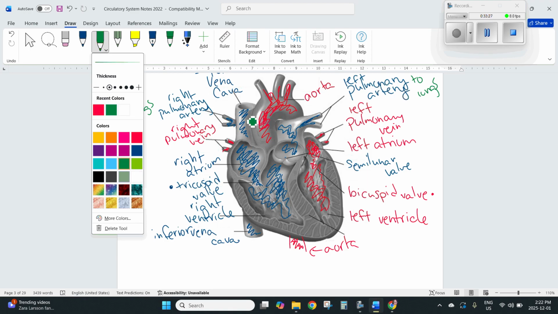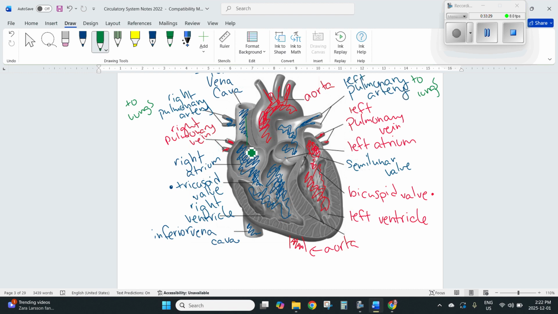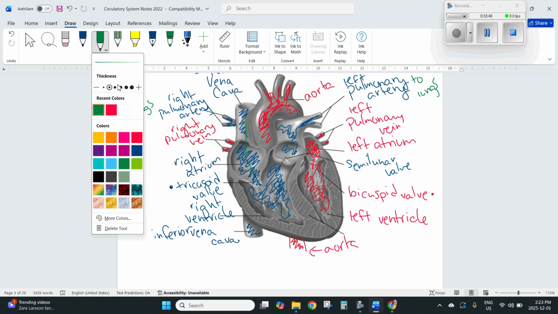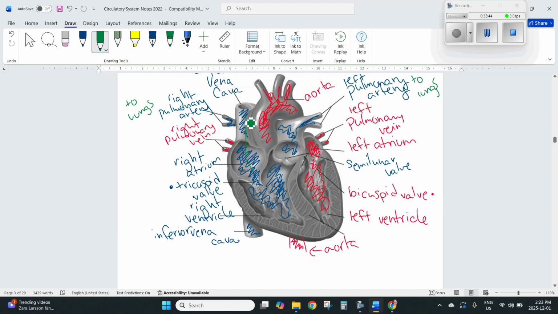So we know that blood came in through the vena cava into the right atrium, and then it goes into the right ventricle.